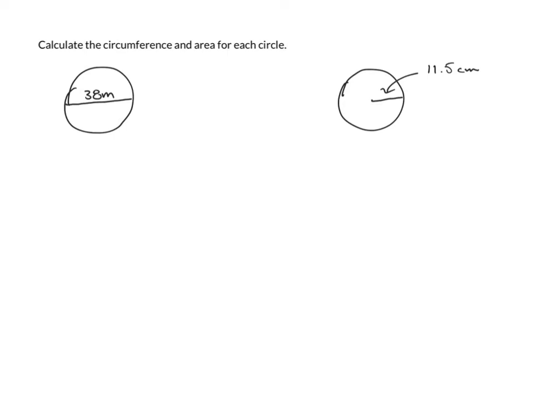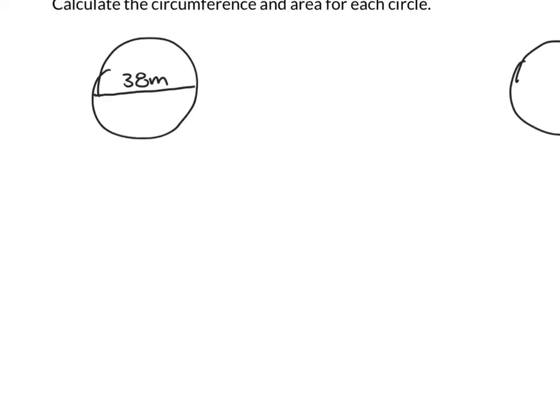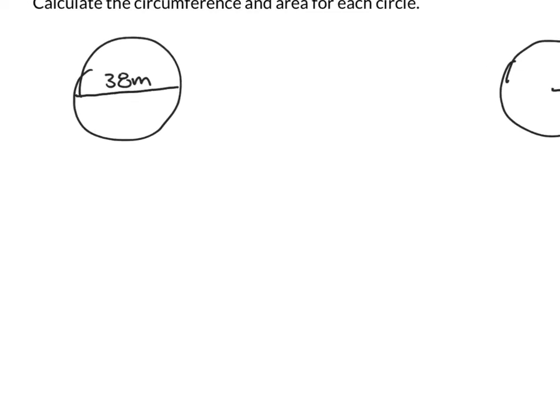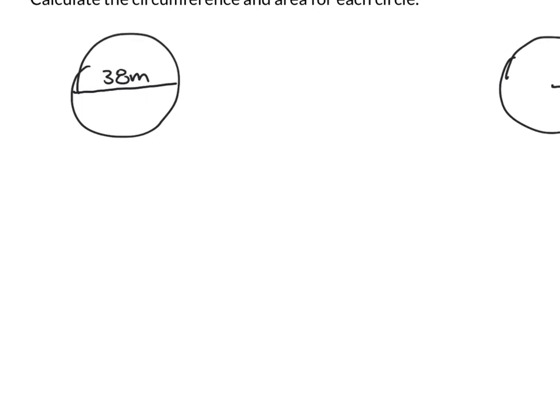Okay, now that we have looked at our relationship between radius and diameter, let's get into the meat of the section. We're going to talk about calculating the circumference and area for the circles. So if we look at the first circle, again, I'm going to go ahead and start with my diameter and my radius so that I know what we're plugging in. 38 meters.